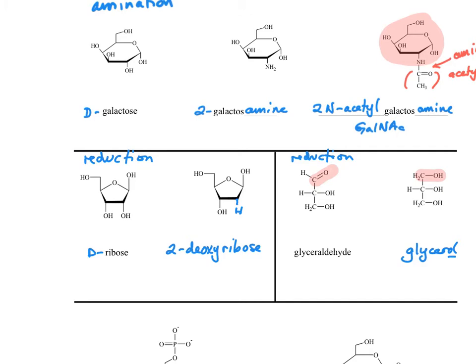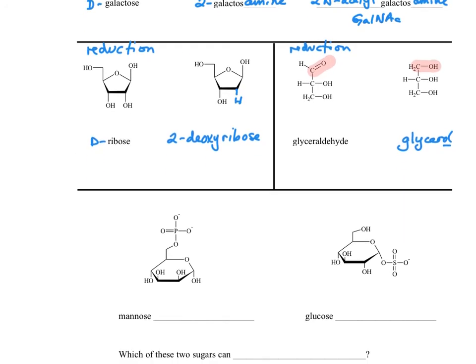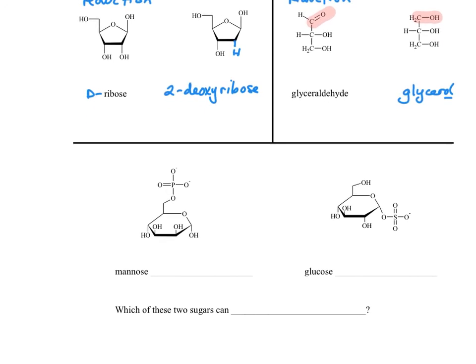Lastly, we have the bottom of the page and a couple of other modifications that we like to talk about, and this is called esterification. And there's two types of esterifications we can do, phosphorylation and sulfation, and it's pretty straightforward.